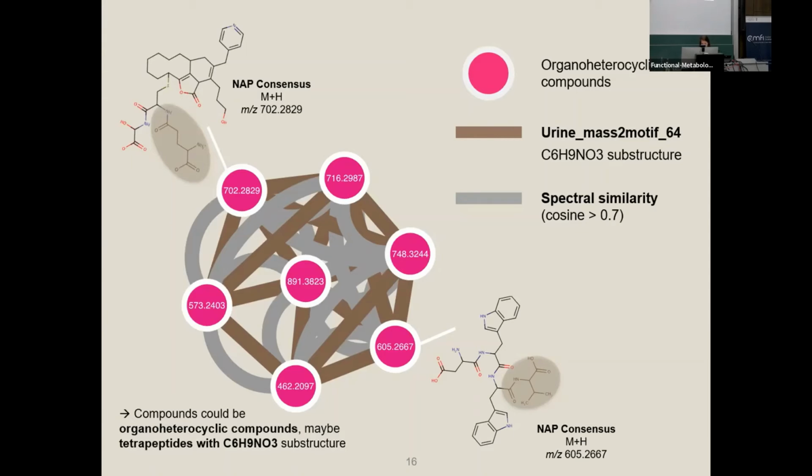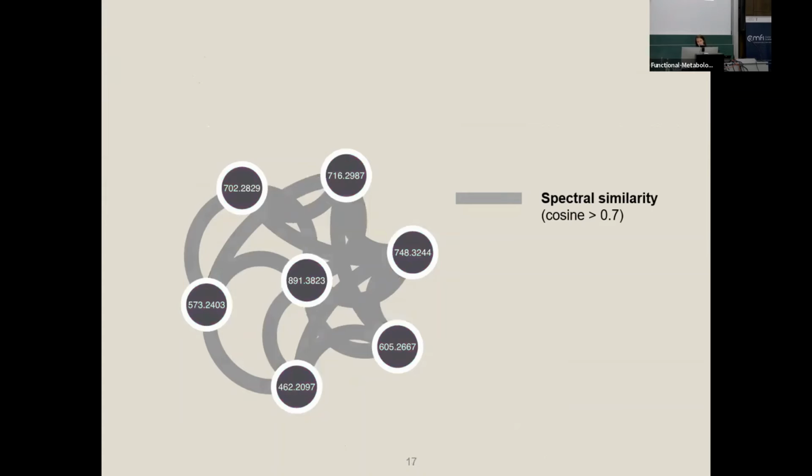This would correspond in the metabolite identification levels to a level 2 to 3 identification. Again, it's not the exact structure that you will get, but I think it's much better than knowing nothing about the structures, as you would by just using the GNPS network.